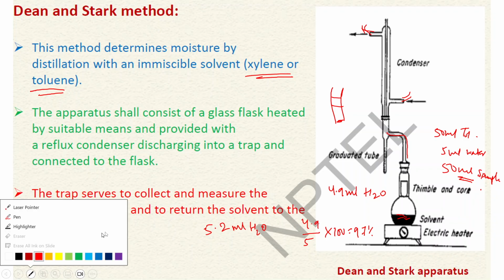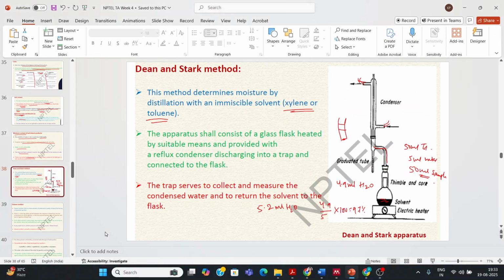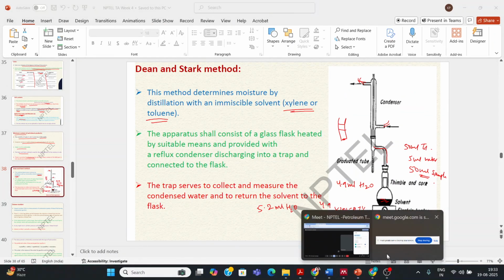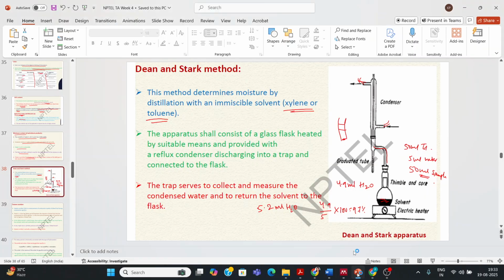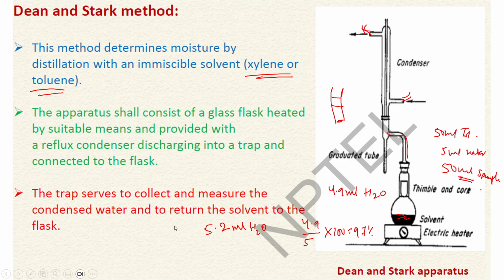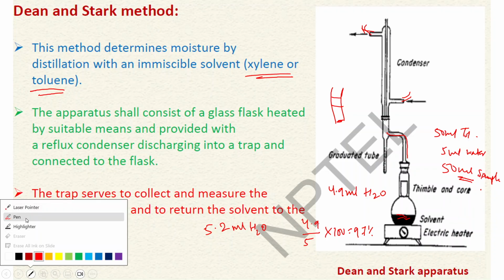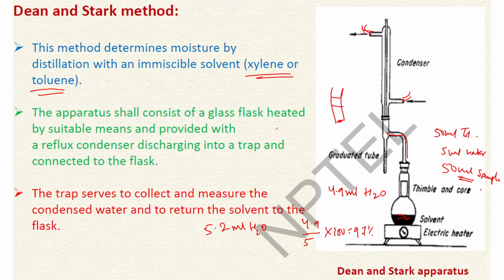Okay, suppose here we get 5.2 ml of oil, where basically here we were getting 4.9, but here we are getting 5.2, so basically it is 0.3 ml of extra water.